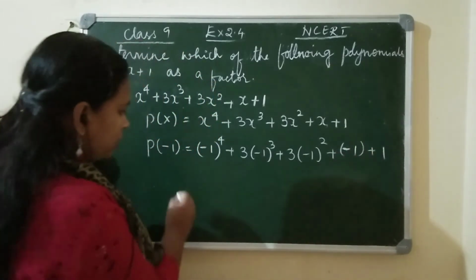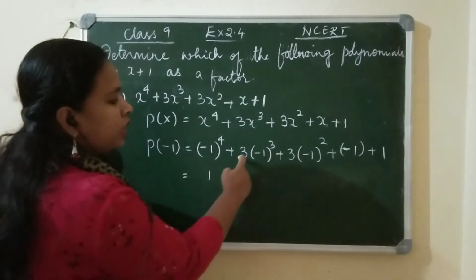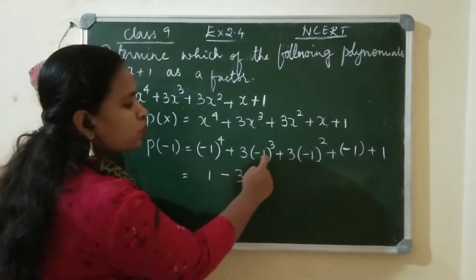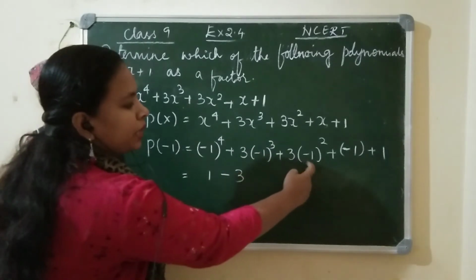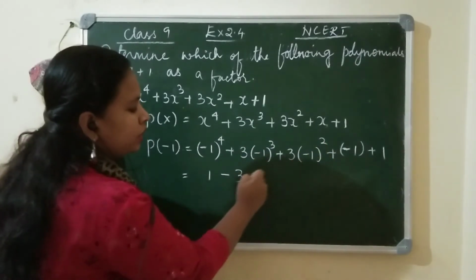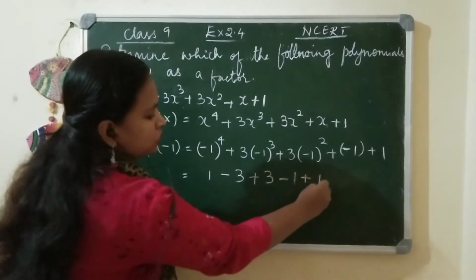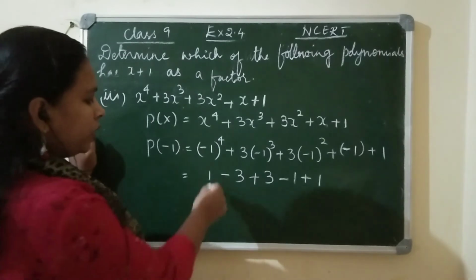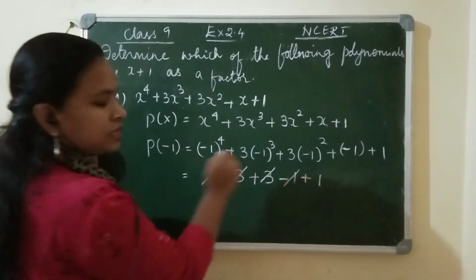So now we will see (-1) to the power of 4 will be 1, and here it is -3 because (-1) cube is -1, into 3 is -3. (-1) square will be 1, 1 into 3 is +3, and here -1 and here +1. So now when you see, you can cancel 1 and -1, -3 and +3.